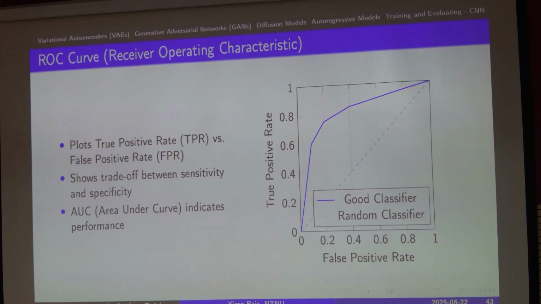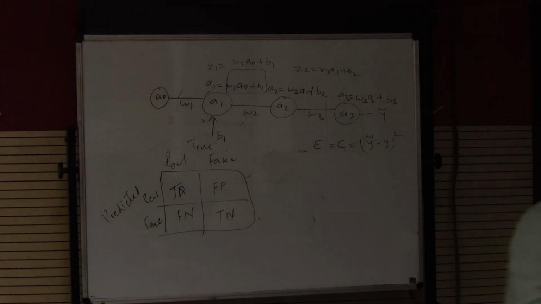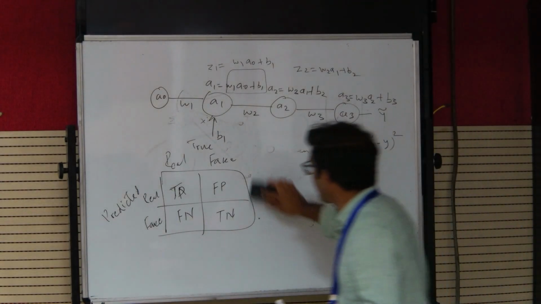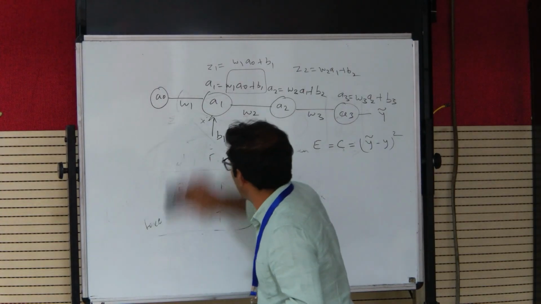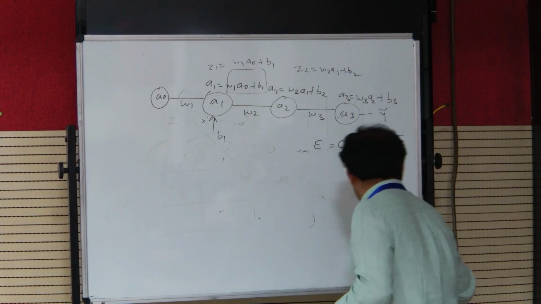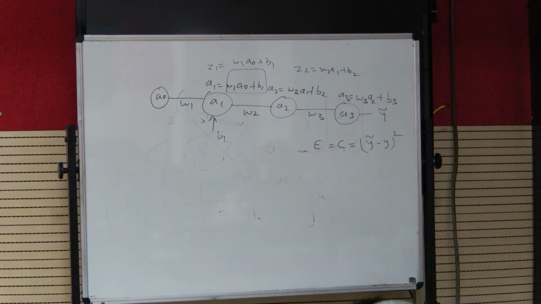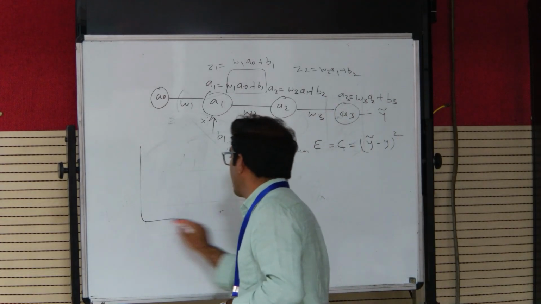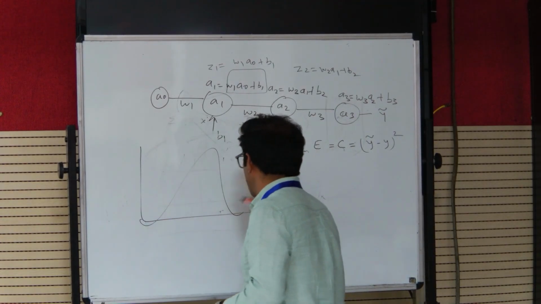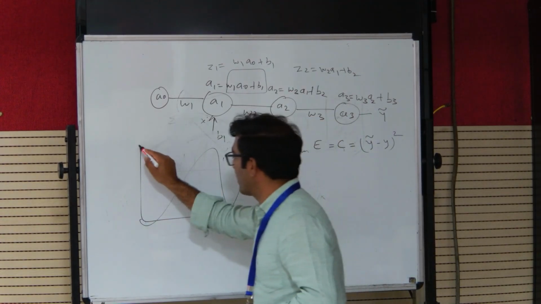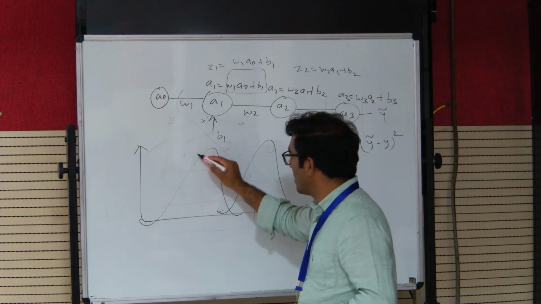So what does this do? You have typically these two distributions. Let's assume that you have this kind of two distributions here, something like this, and this is for all the true classifications.